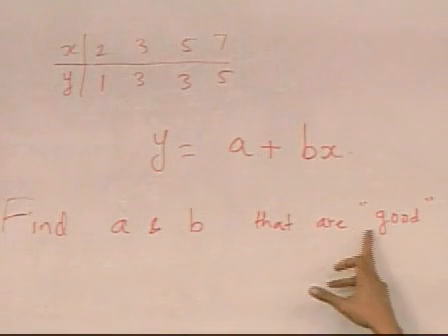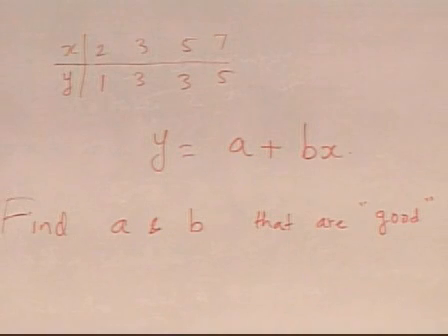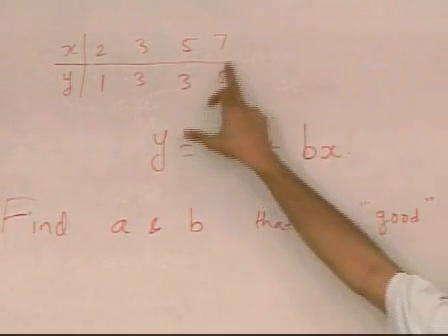But what do I mean by good? What is your measure of goodness? You have to tell me how you evaluate. So in other words, this is the actual relationship.